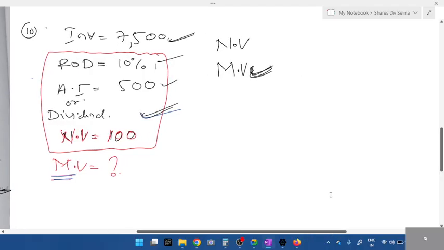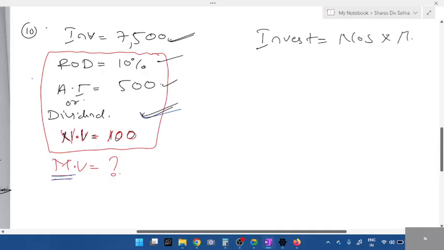Okay. So first thing, if you want to find market value, we use investment is equal to number of shares into market value. Investment is 7500. Divide by number of shares. So number of share is missing.